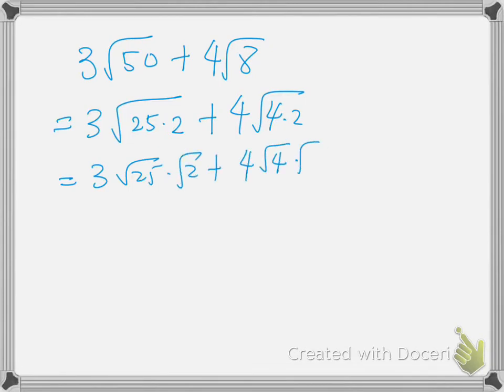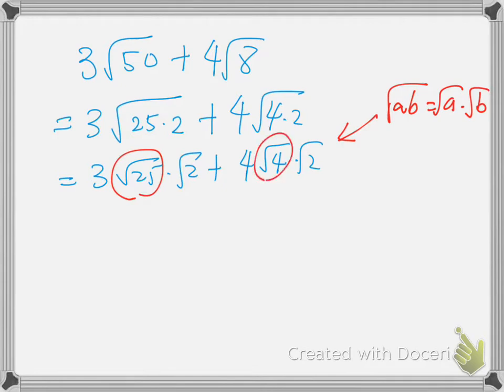For this step, we use this idea: radical of AB is radical A times radical B, if they are all real numbers. So now this is 5, this is 2, right? So we got 3 times 5 radical 2 plus 2 times 2 radical 2.